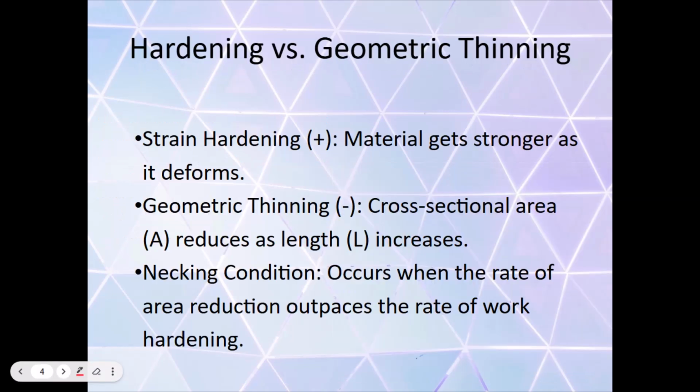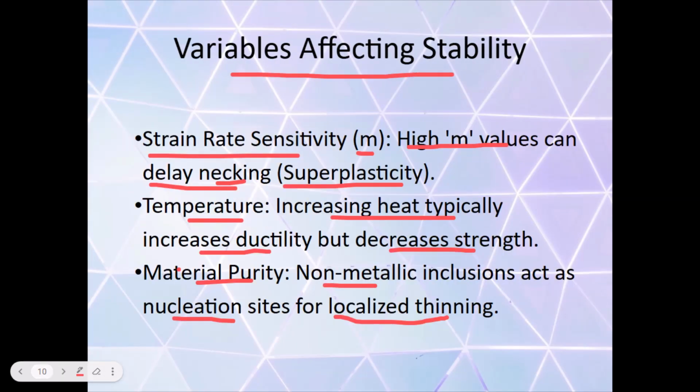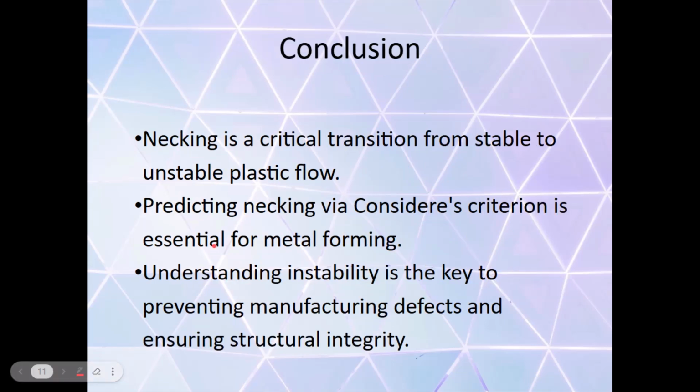This critical transition is known as necking. Predicting necking is essential for metal forming. Why do we have to know about necking? Because of metal forming.